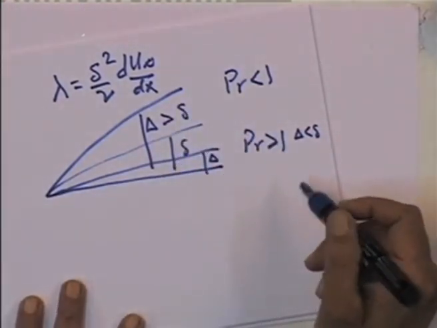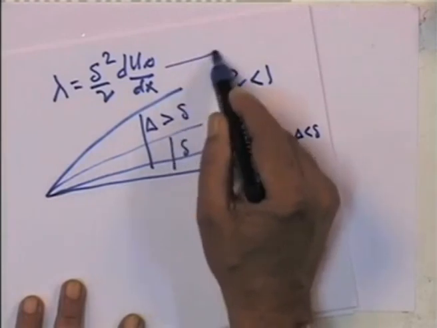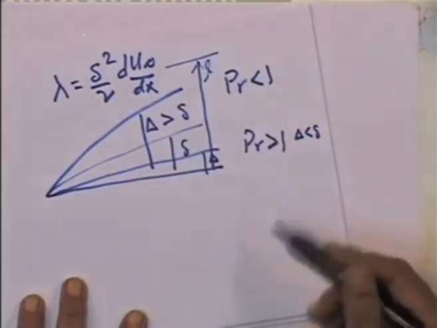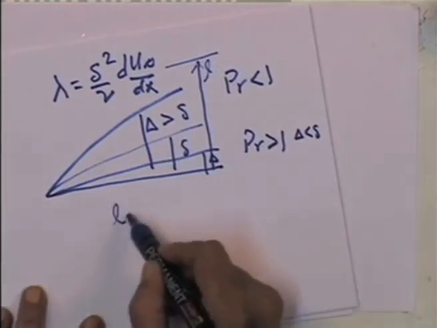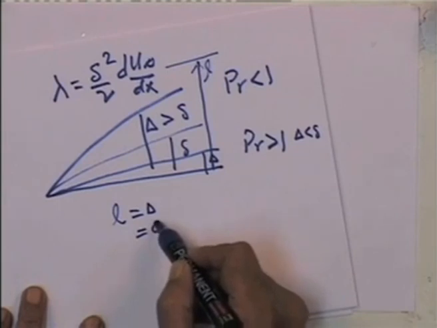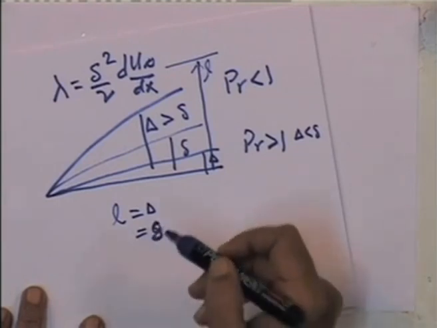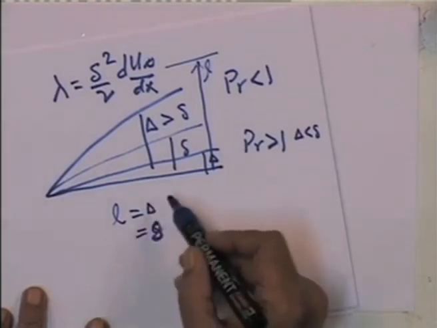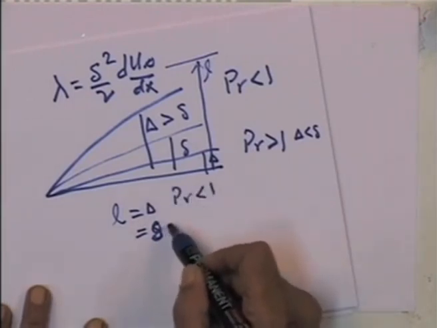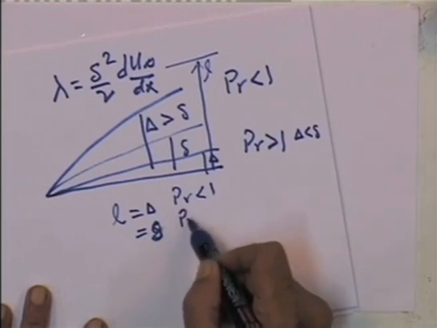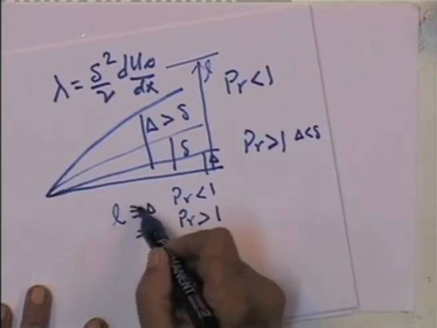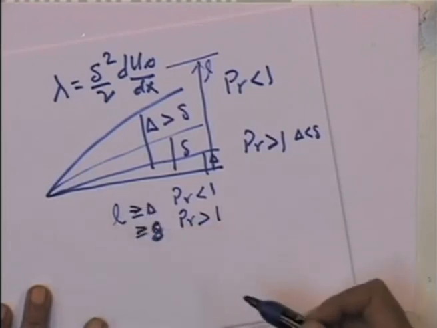And we now choose L to be bigger than any of them. This is L. L therefore is equal to capital delta for Prandtl less than 1, and it will be delta for Prandtl greater than 1. I mean, greater than or equal to would be an appropriate way of writing it.